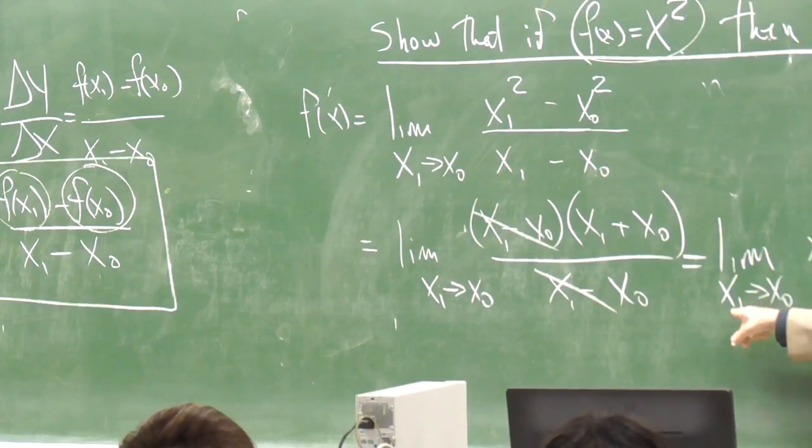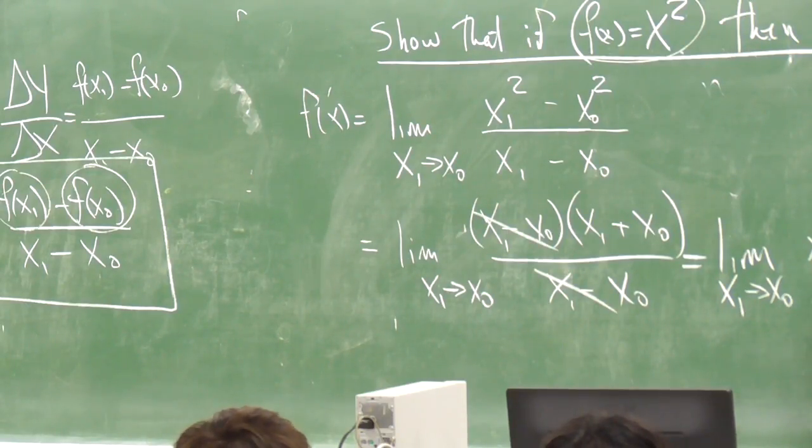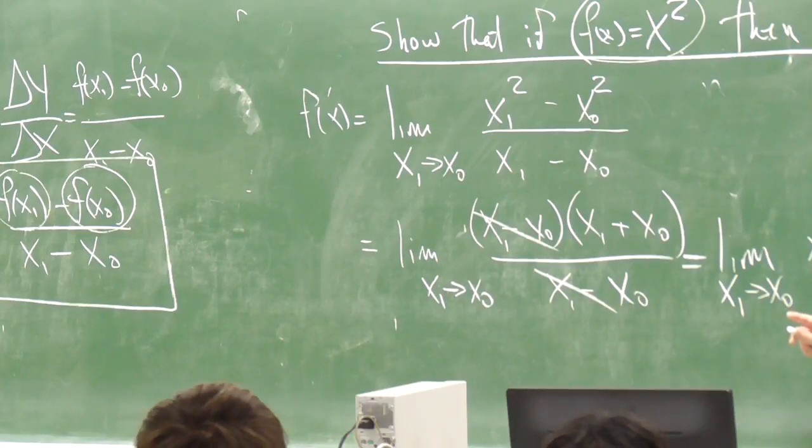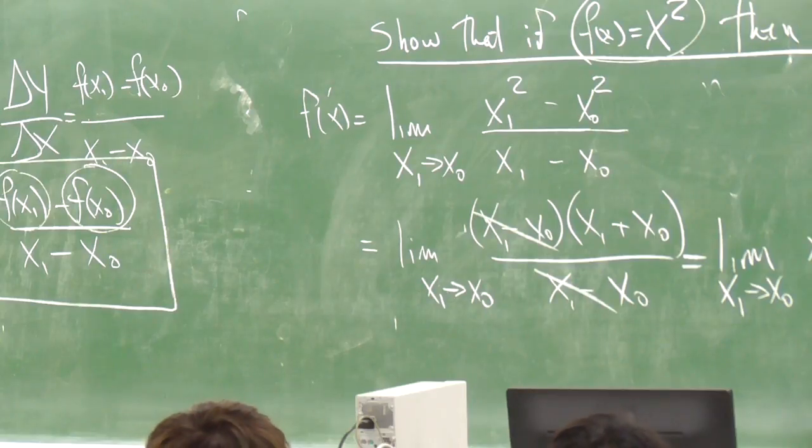Well, as x1 goes to x0, what's the variable here? This is a little bit confusing now. The variable means the thing that's changing. So what's changing here? Let's remember this notation again. If we write limit as x goes to 8 of x plus 7, what's changing here? x is moving, right?